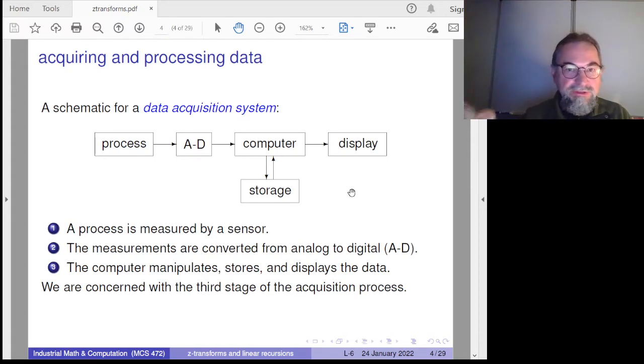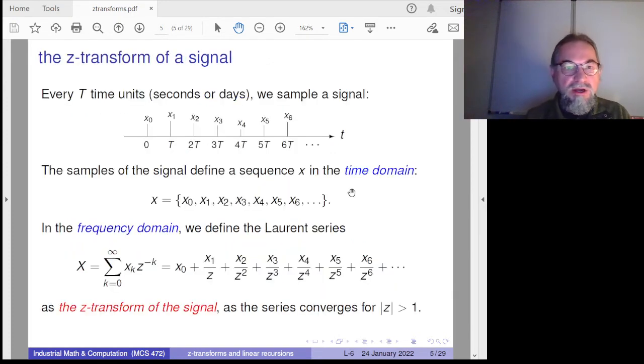Okay, so this is called a data acquisition system. What comes in is a sequence of data, and last lecture also hinted why series is in some settings a natural word for one-dimensional data. This will become clear with the z-transform of a signal.